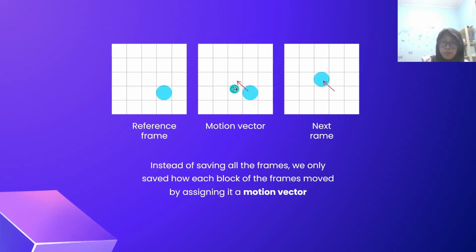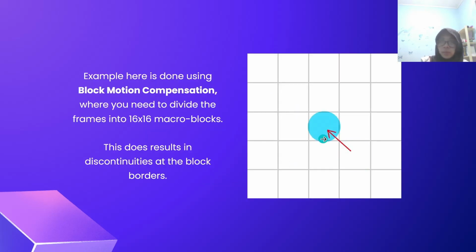The example here is using block motion compensation, where you divide the frames into 16 by 16 macroblocks. The disadvantage of this method is that it results in discontinuities at the block borders. But as you can see, it tracks blocks for the motion compensation.